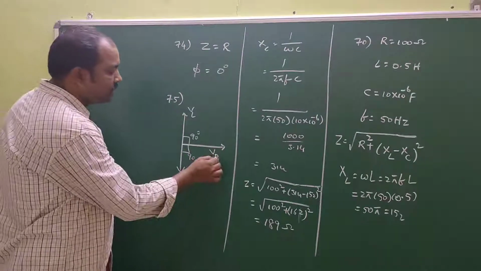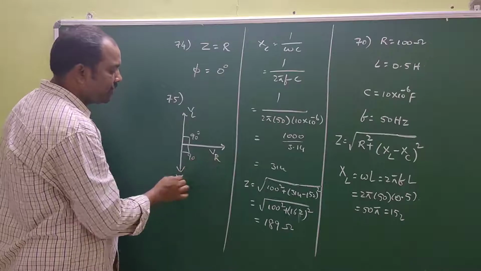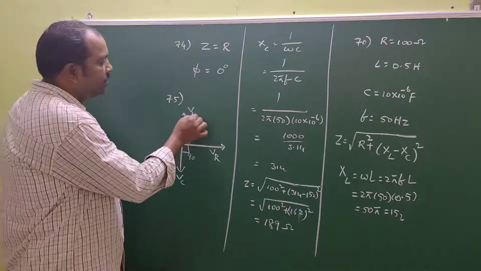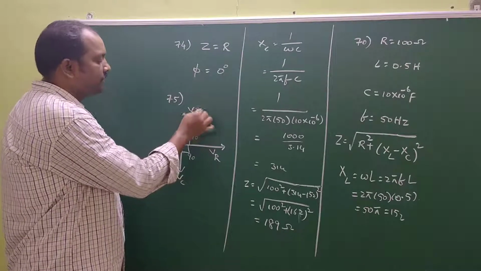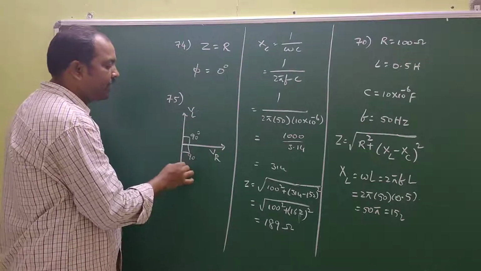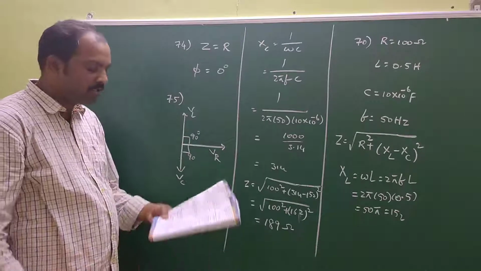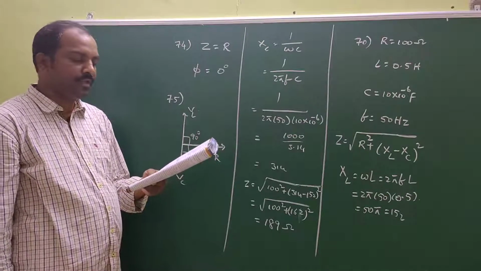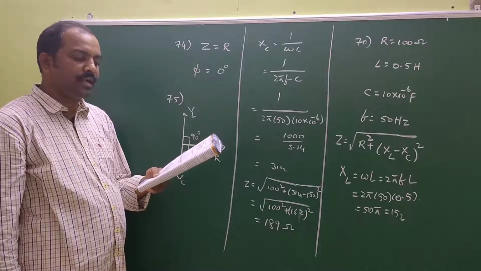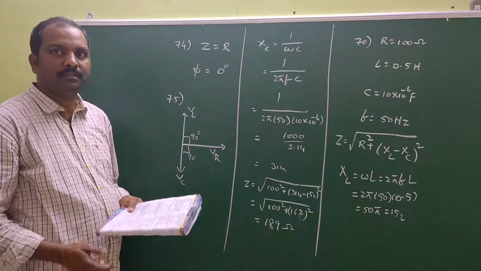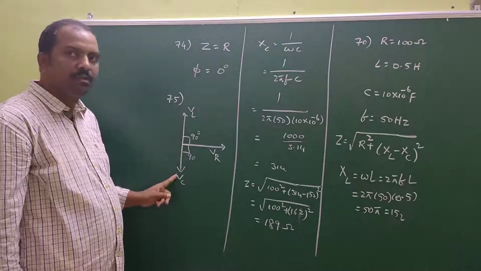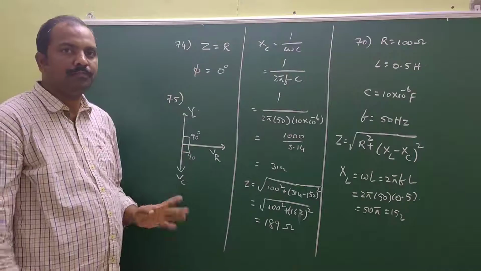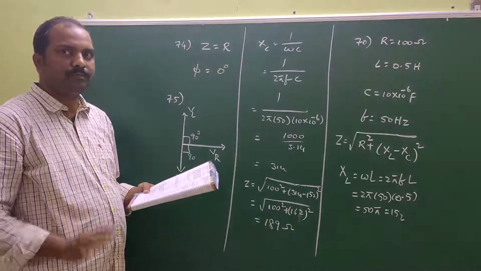So with respect to the potential difference across the resistor and capacitor, that angle is 90 degrees. That means the potential differences across the inductor and capacitor are opposite. But here they mentioned the potentials across the capacitor and inductor are at 90 degrees. But these both are opposite, so that angle is 180. So that statement is wrong. So the third one is incorrect.